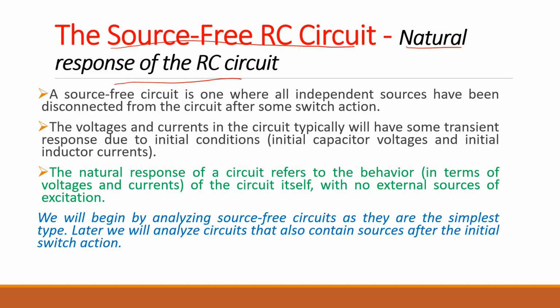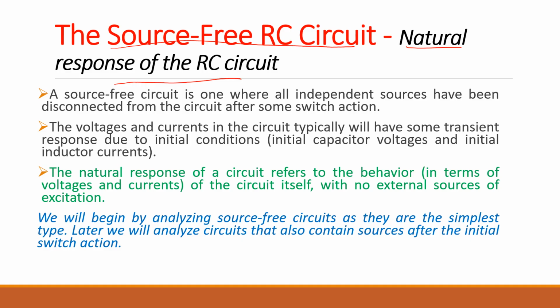The voltage and the current in the circuit typically will have some transient response due to the initial conditions, the initial capacitor voltage and the initial inductor current. The natural response of the circuit refers to the behavior in terms of voltage and current of the circuit itself, with no external sources of excitation.